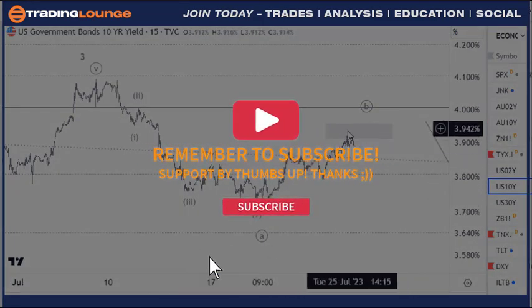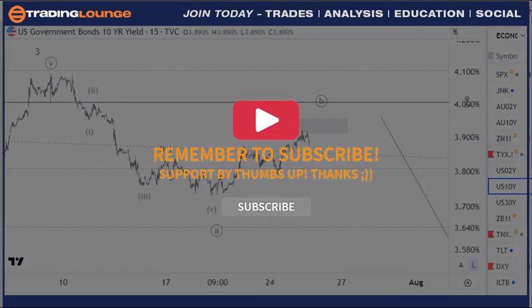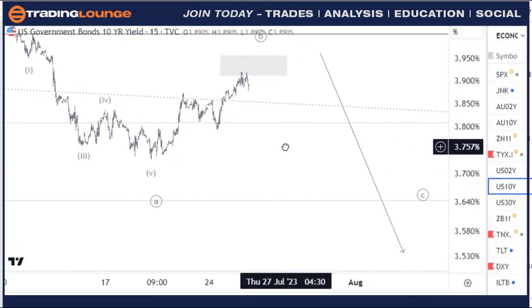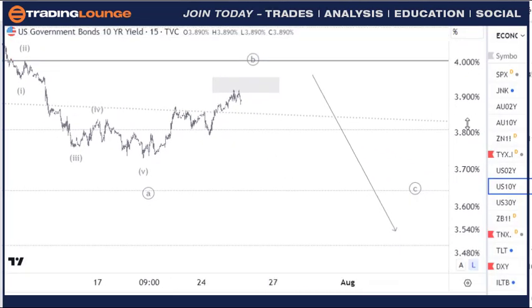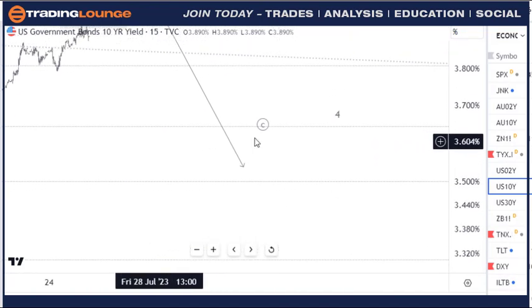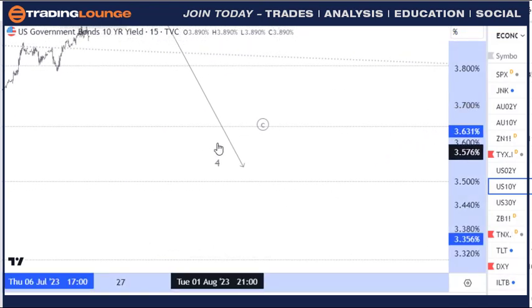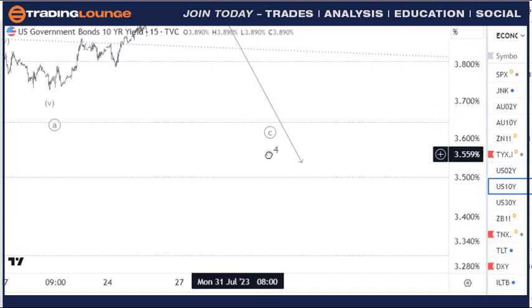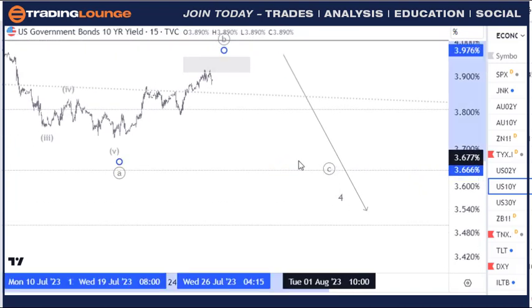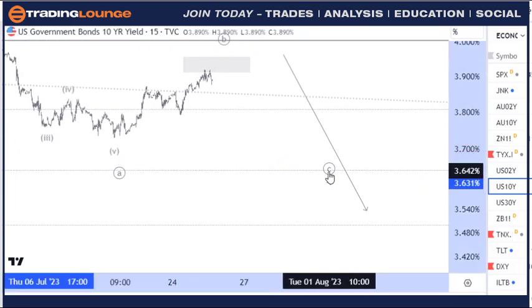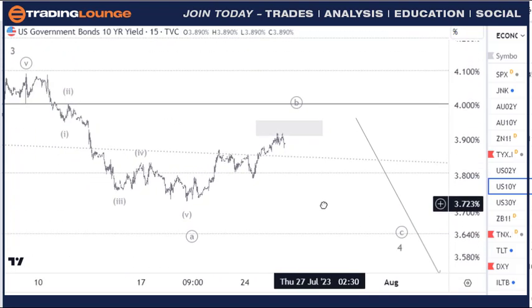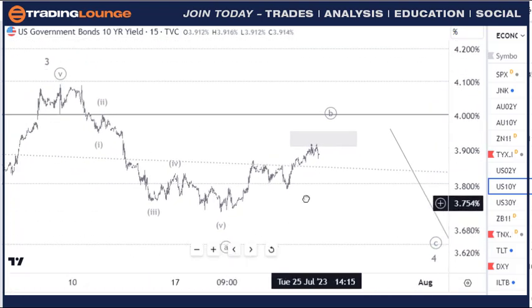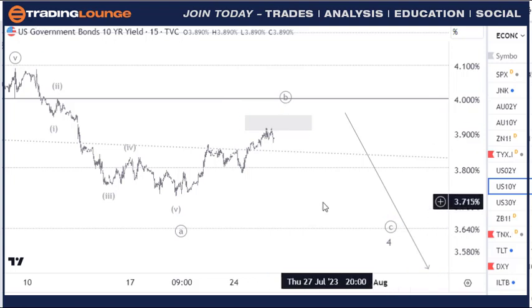This little move can be counted in different ways, so I'm not going to go into that at the moment. We're just going to observe it, and then we could come down for the A, the B, and the C wave over here for wave 4, and then push up at that point. We may just take the low out here or something of that nature. So we'll see. Based on this 5 waves here, we were looking for some sort of A, B, and C. Let's see if we get that.